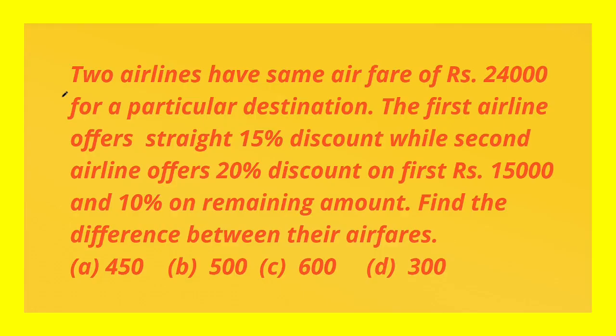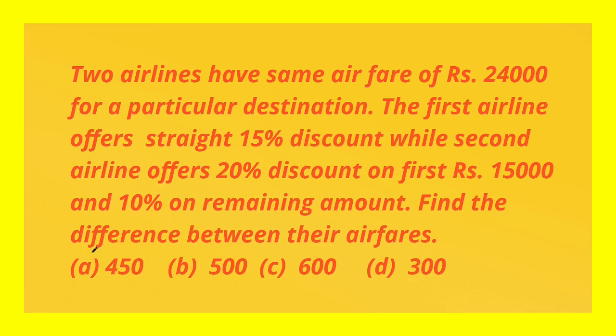Our question is, two airlines have the same airfare of rupees 24,000 for a particular destination. The first airline offers a straight 15% discount, while the second airline offers 20% discount on the first rupees 15,000 and 10% on the remaining amount.